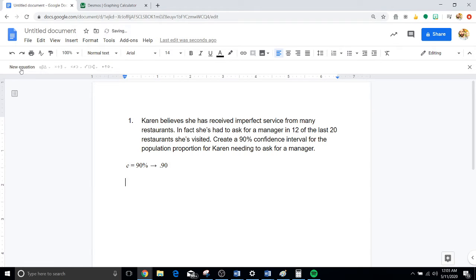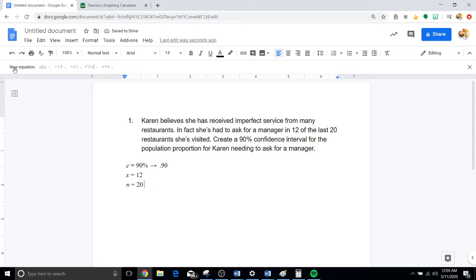It tells us how many successes we had, so let's write that out as well. X is how many successes, and the number of successes were 12, 12 times she had to ask for a manager. Our sample size is going to be on the next line. Let's call our sample size n, because that's what it's been since day one. And our sample size was 20 restaurants that she visited.